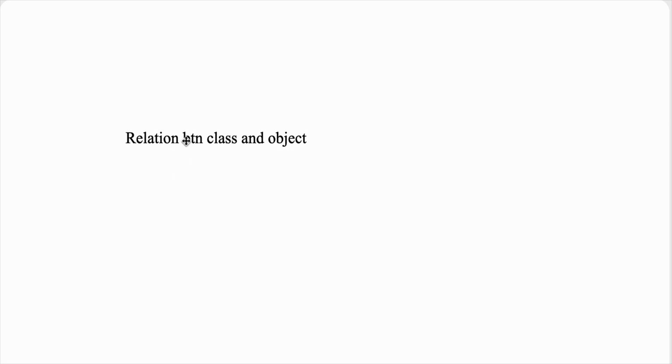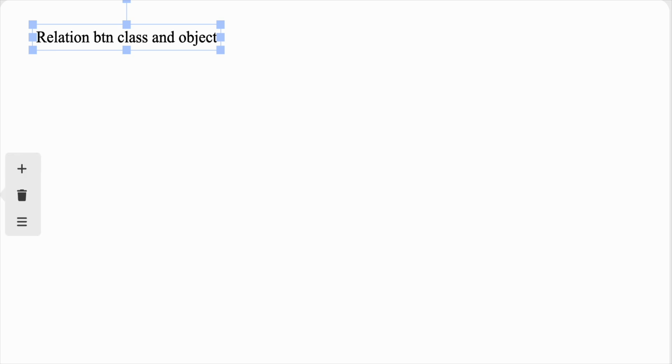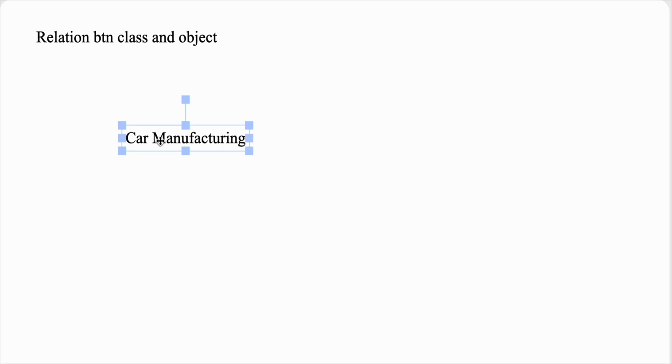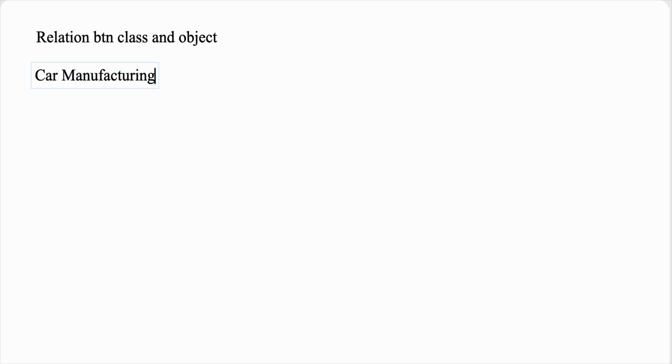So the first scenario is car manufacturing. Here the class is the car, and the objects are the names of the cars: Honda, Toyota, like that.